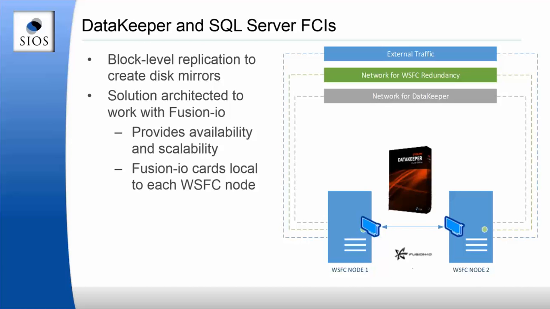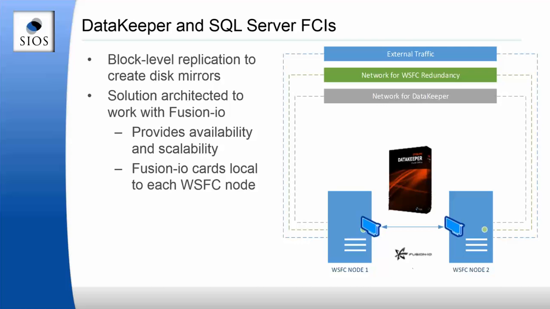The thing I do want to point out here is that in this example you've got the same two networks I talked about before, but you're going to have an additional network dedicated for the disk traffic. That's highly recommended in these types of scenarios, and the same would be true if you're using something like iSCSI in a shared storage environment.